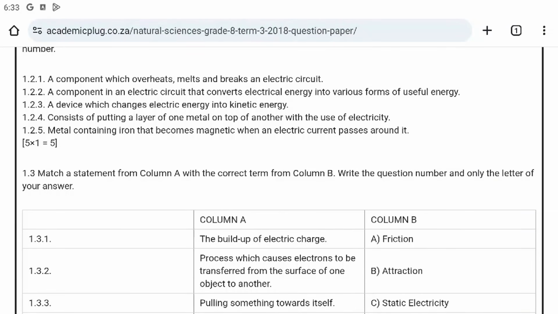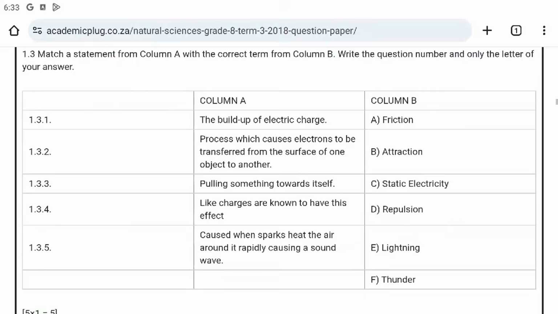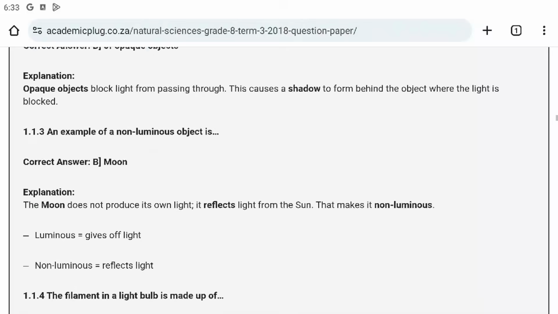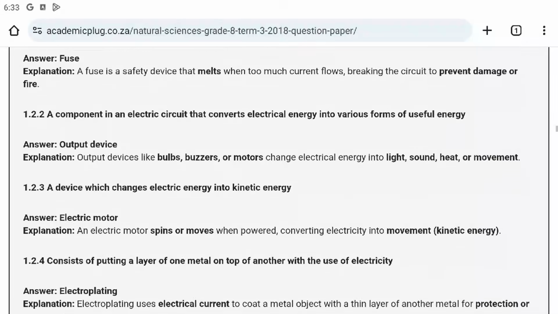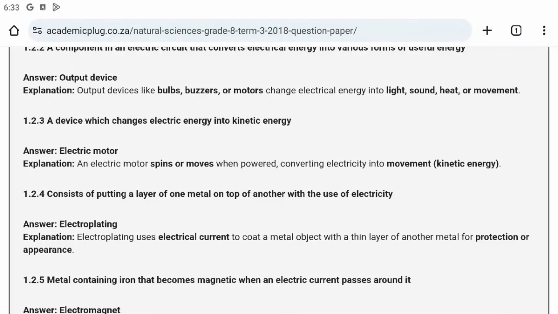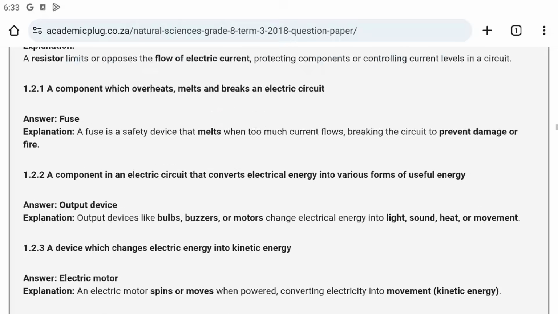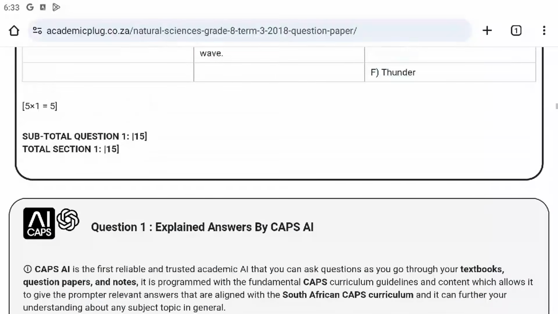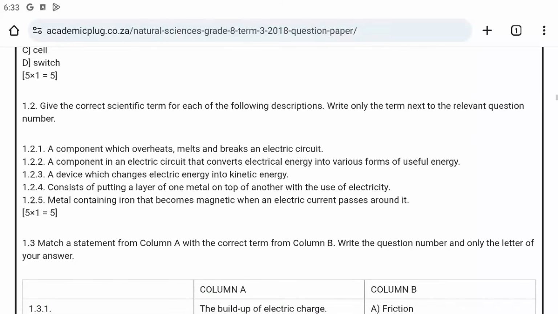A device which changes electric energy into kinetic energy. Electric motor, right? An electric motor spins or moves when powered, converting electricity into movement, kinetic energy. 1.2.4 consists of putting a layer of one metal on top of another with the use of electricity.